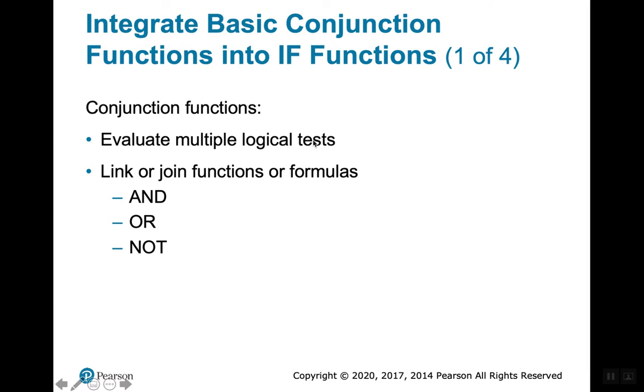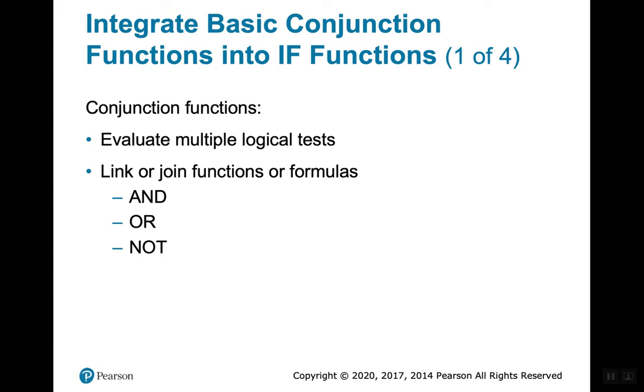So in its simplest form, we have a single logical test: if something is equal to something, if something is greater than something, if something is not equal to something. But we can add additional logic on this, so we can put in multiple logical tests.